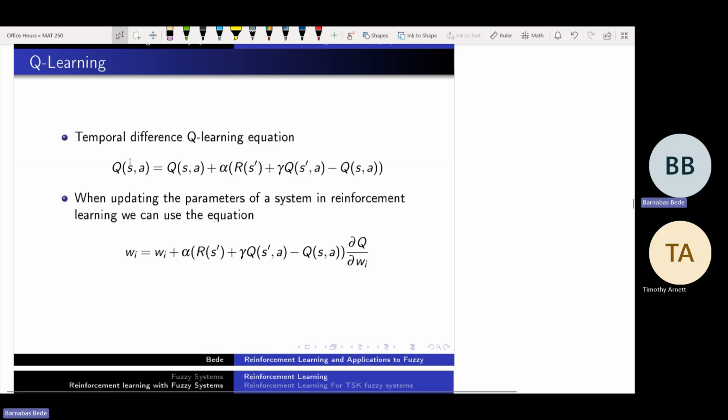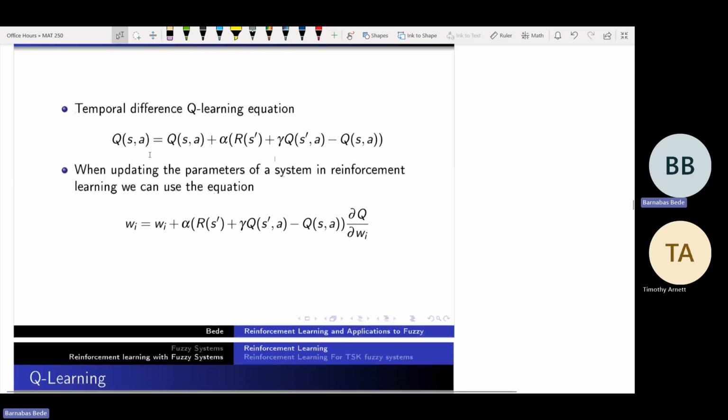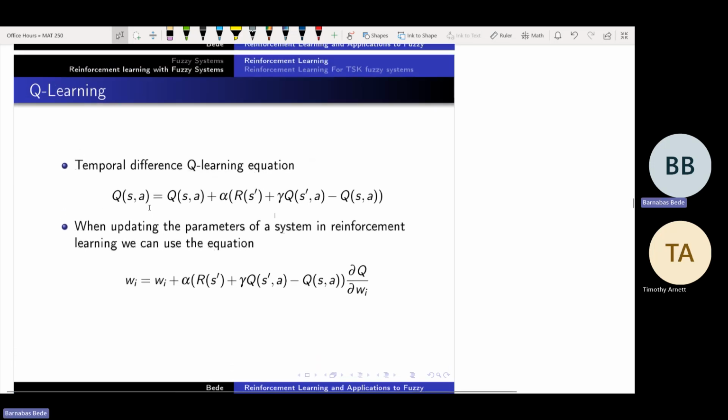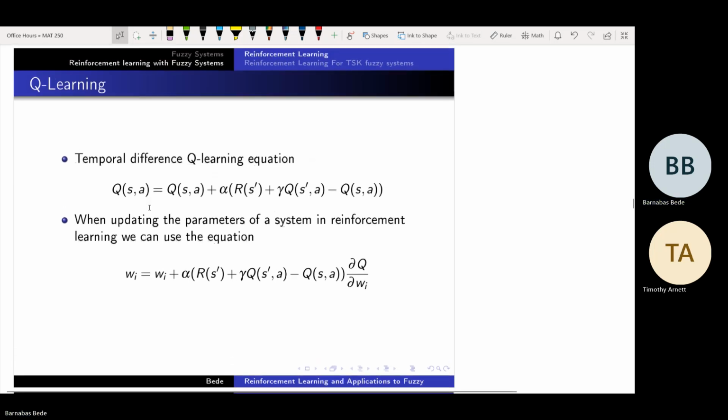When updating the parameters of the system in reinforcement learning, what is governing our choice? Typically, we will have a neural network that will predict the Q values.